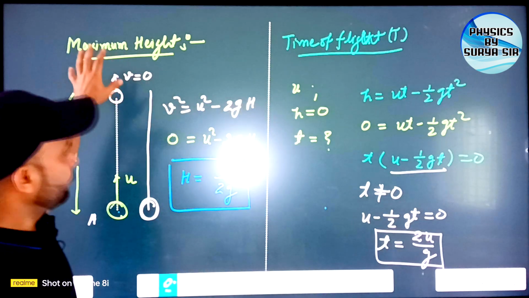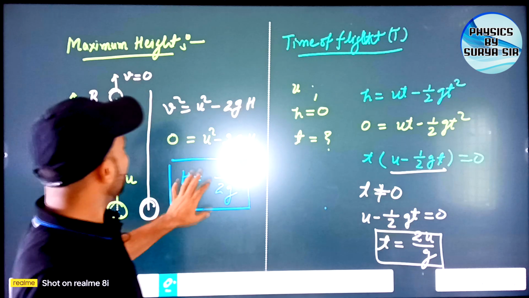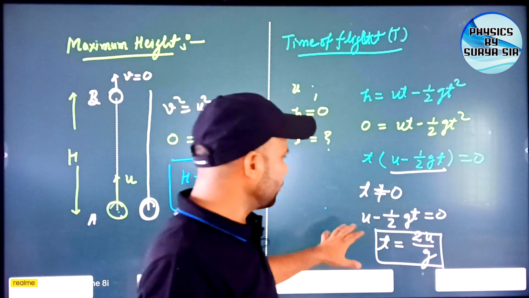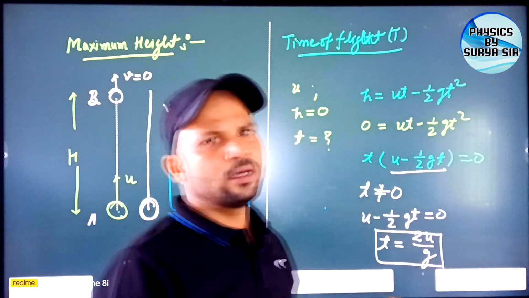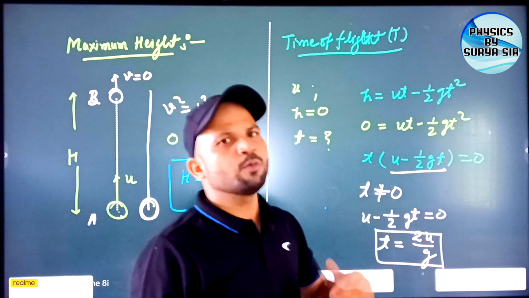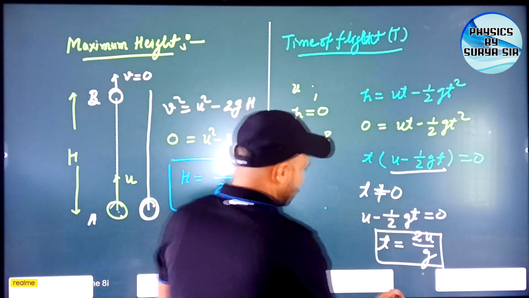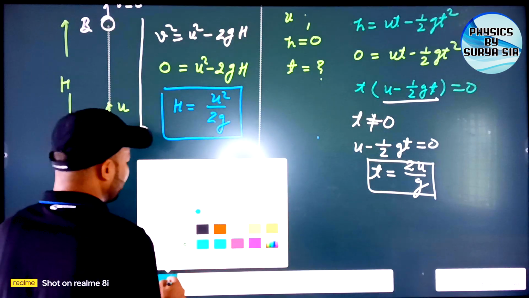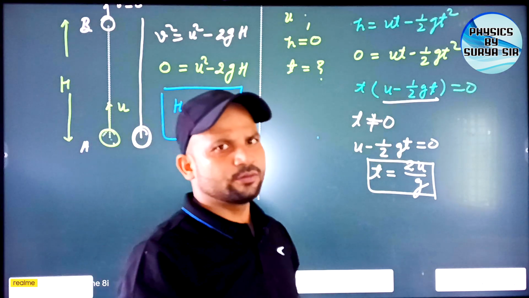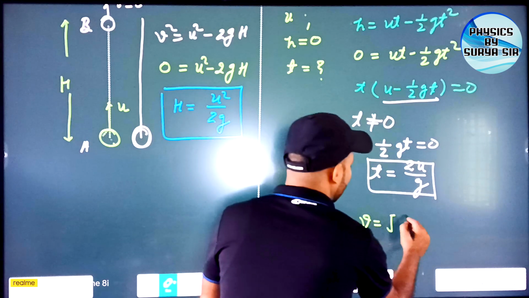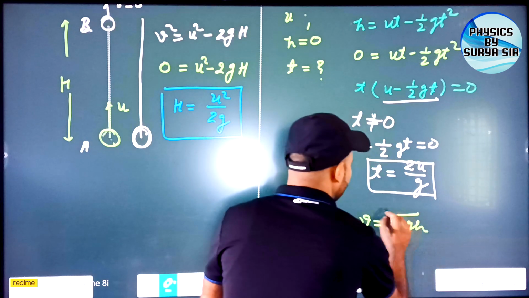We have got the value of maximum height, and we have got the value of time of flight. So these are two very important conclusions for an object moving in the upward direction. And one more: the velocity of the object when it is freely falling from the maximum height h. Its velocity on the ground is v = under root 2gh.